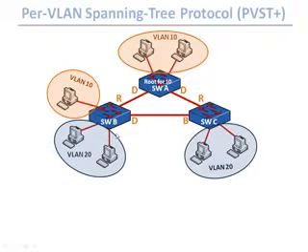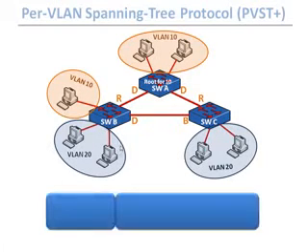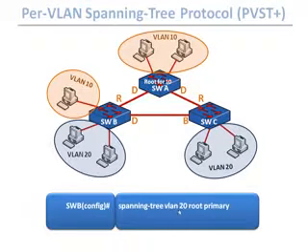A similar thing we can do for switch B. In global configuration mode, we can type spanning-tree VLAN 20 root primary, which will ensure that switch B is the primary root bridge for VLAN 20, and will make the spanning tree instance look something like this. We already said that.